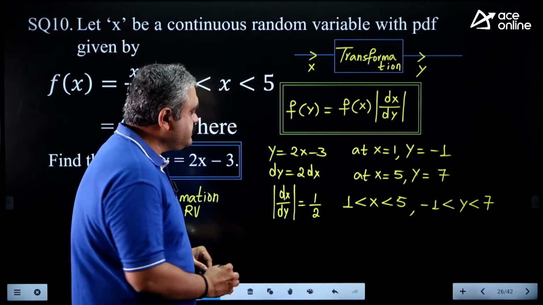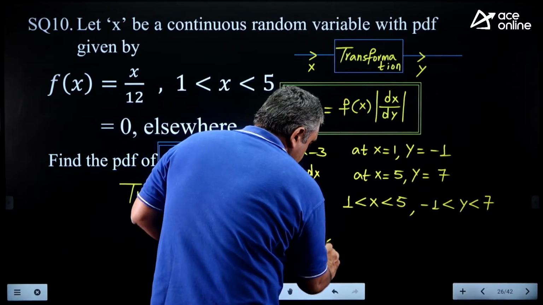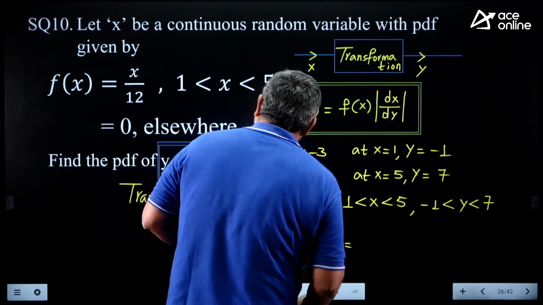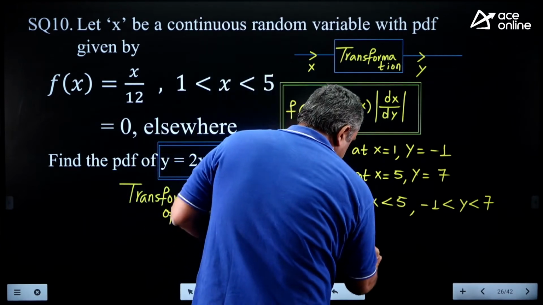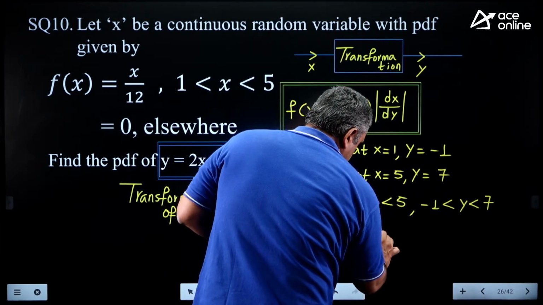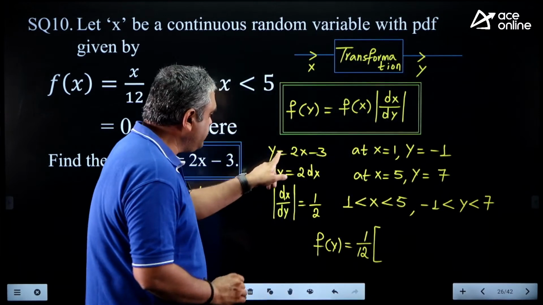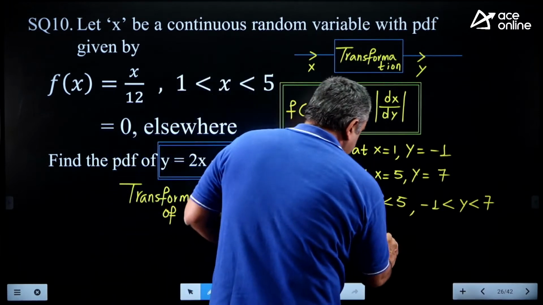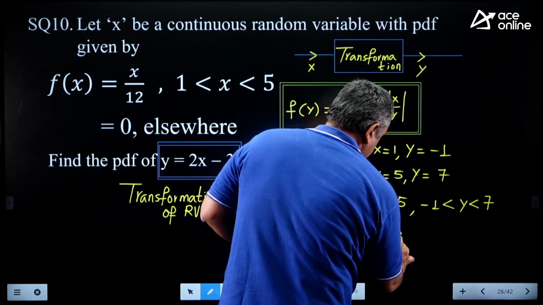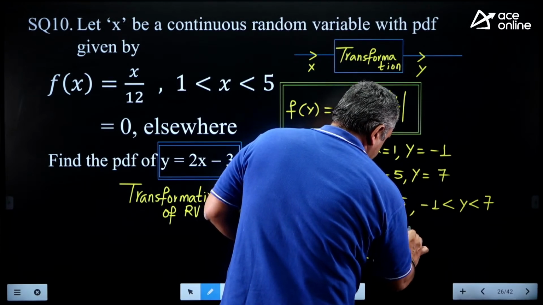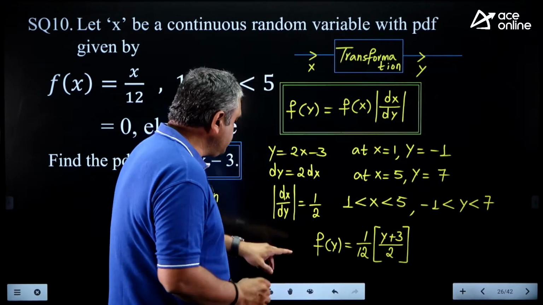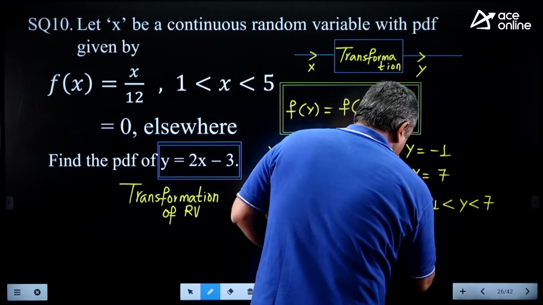Now what is its density function? f of y is equal to f of x, which is x by 12. So 1 by 12 into, in place of x, we write (y plus 3) by 2, multiplied by mod of dx by dy, which is 1 by 2.